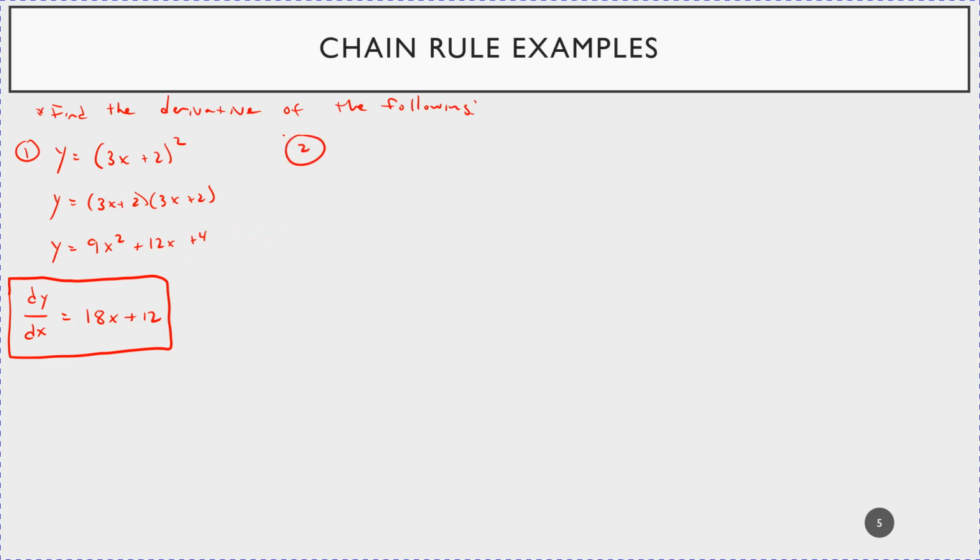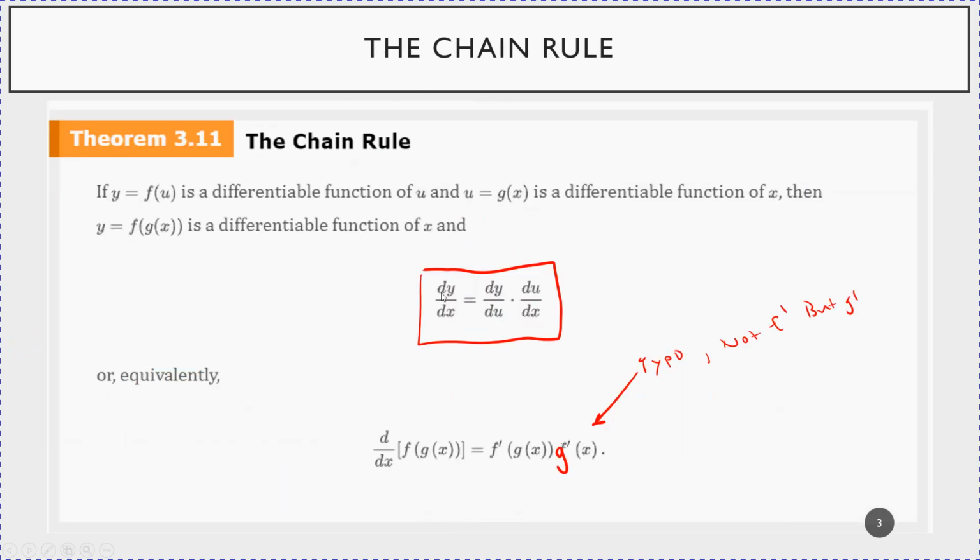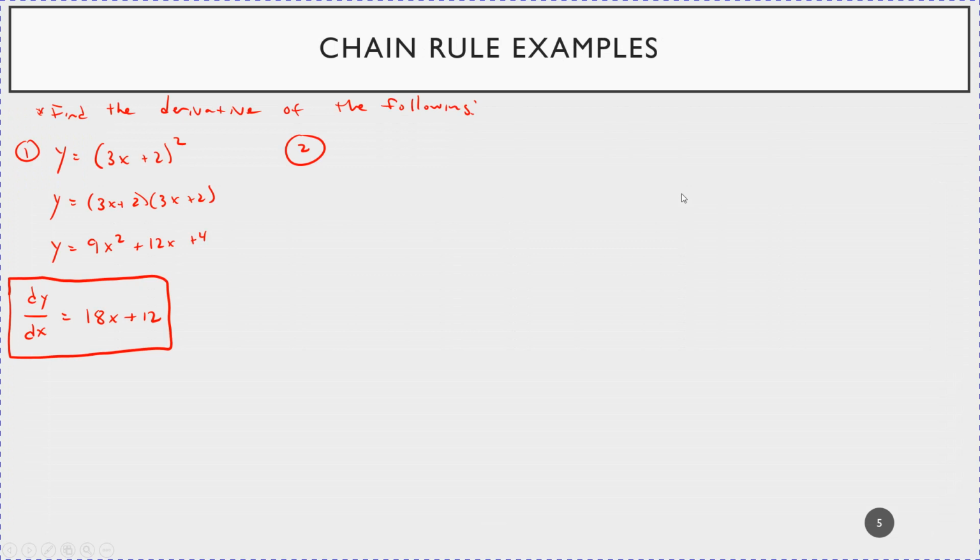Now let me show you this notation here. dy/dx is equal to dy/du times du/dx. So I have this function, y is equal to (3x + 2) squared. Notice that 3x + 2 is, and listen to how I say this, it's really important, inside of the parentheses.